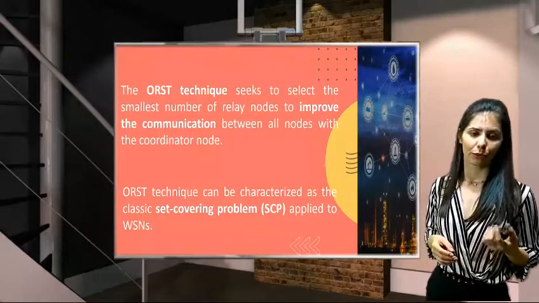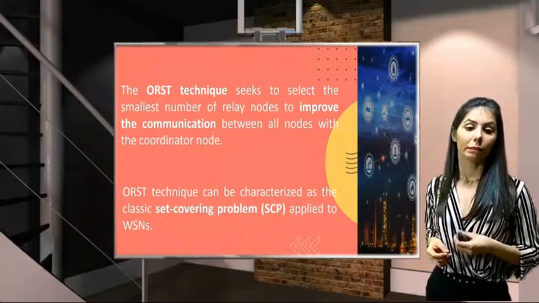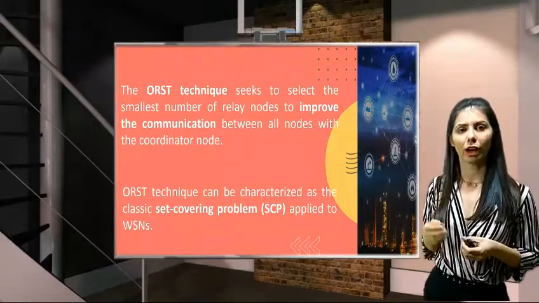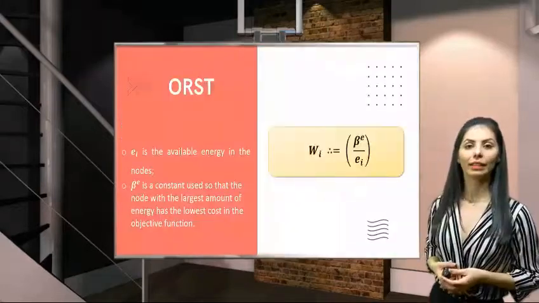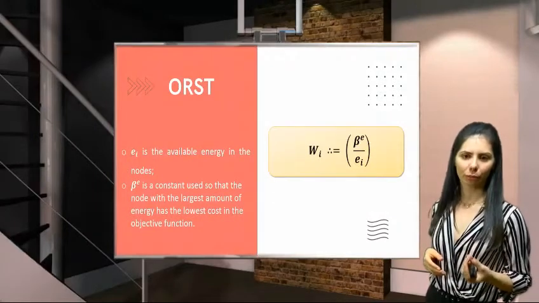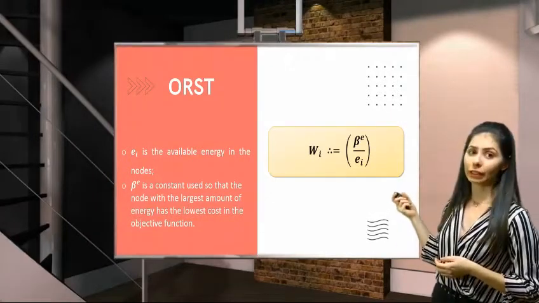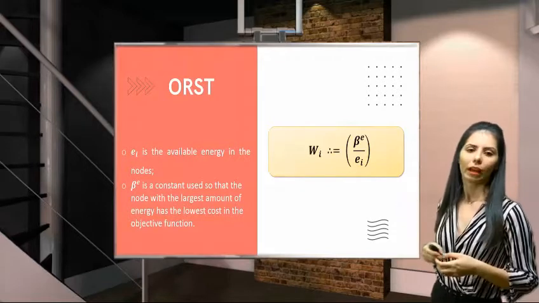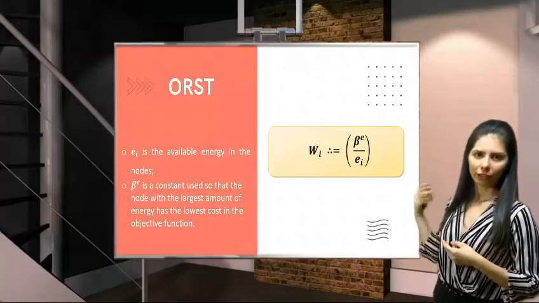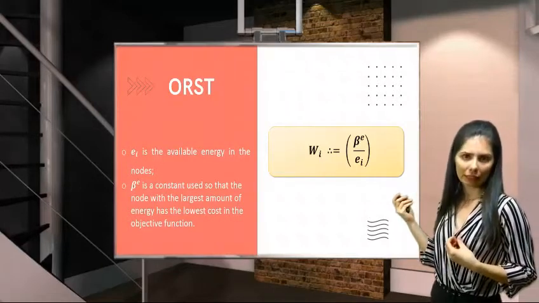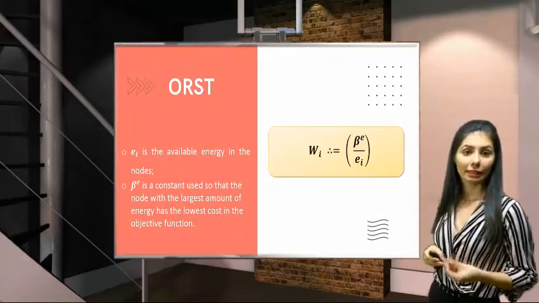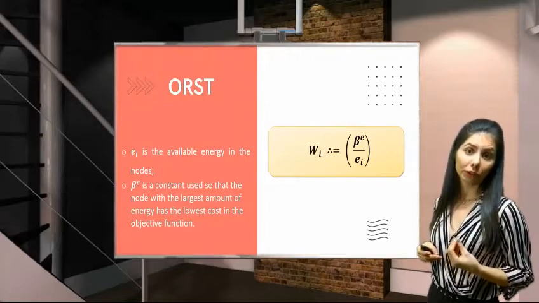The set covering problem seeks to find the minimum number of sets that contain all elements of the dataset. The ORST technique considers the relay selection as an optimization problem and performs the relay selection using this objective function, considering the available energy of each node, and the beta variable is a constant used so that the nodes with the largest amount of energy have the lowest cost in the objective function.